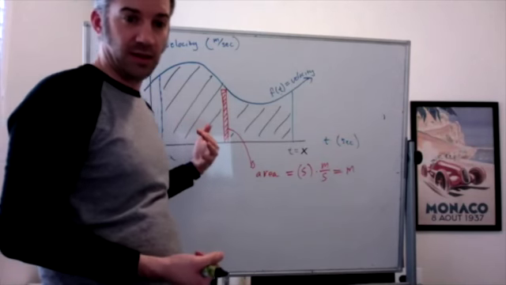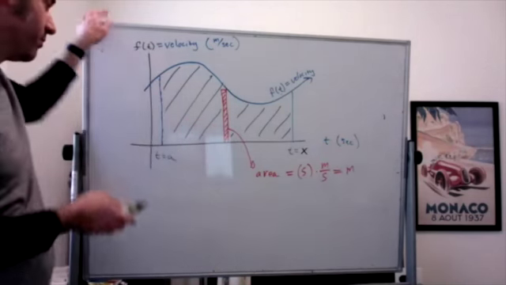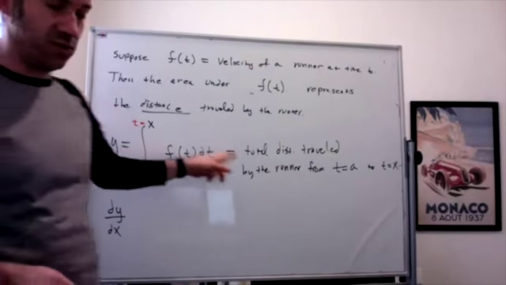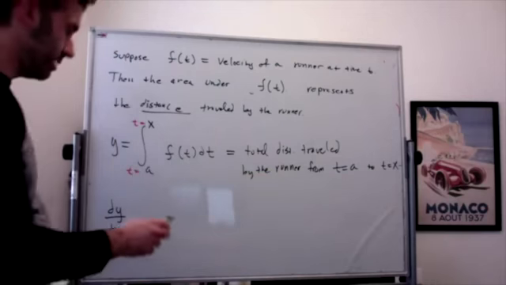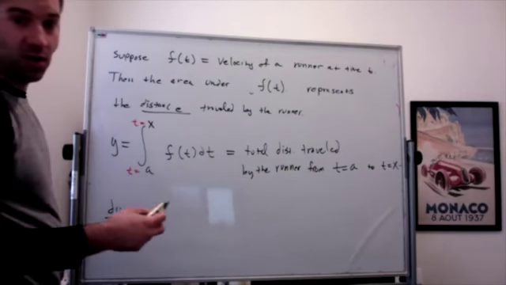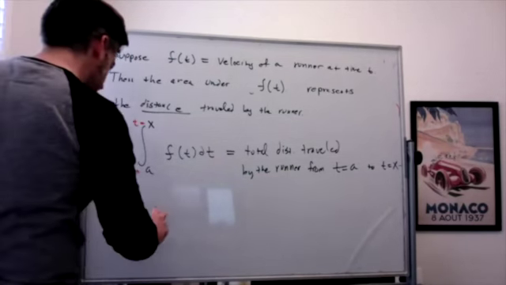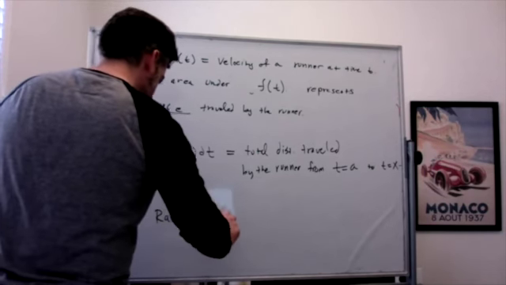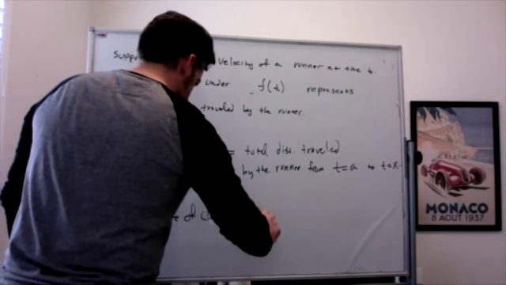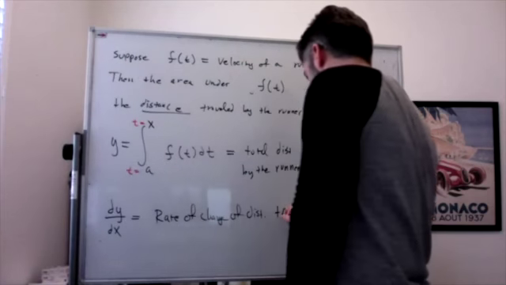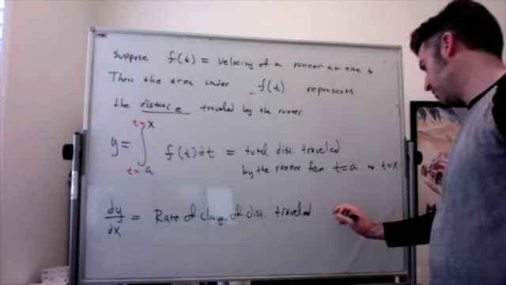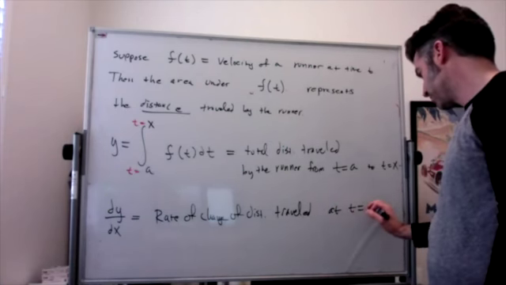But y certainly depends on x, so we can differentiate it. And dy dx, if y is the total distance traveled, then dy dx is the rate of change of the distance traveled at the time equal to x.